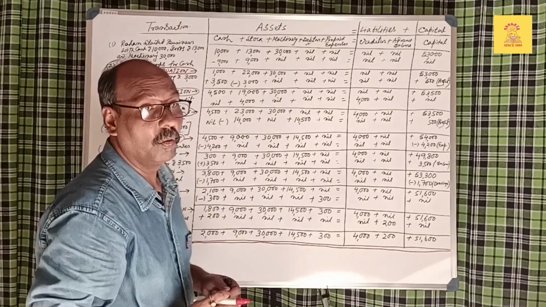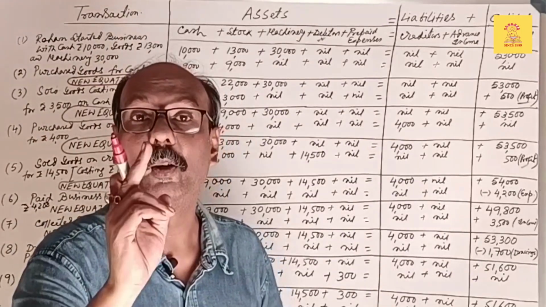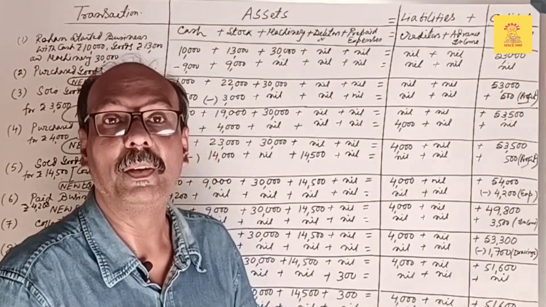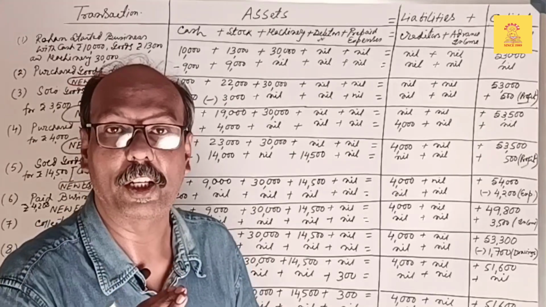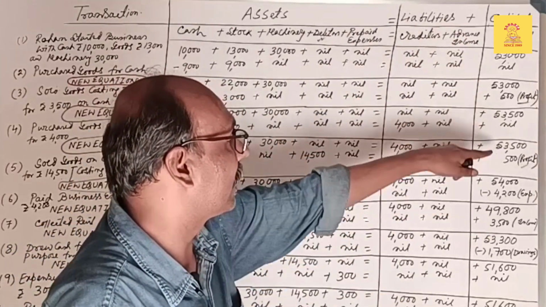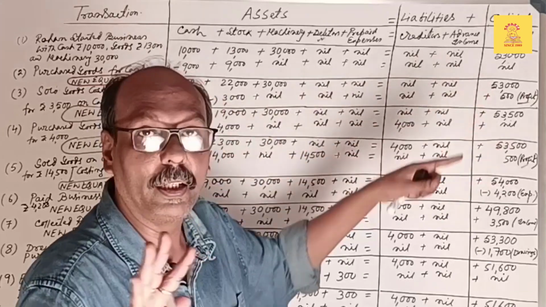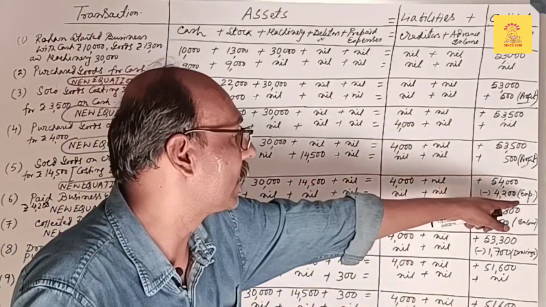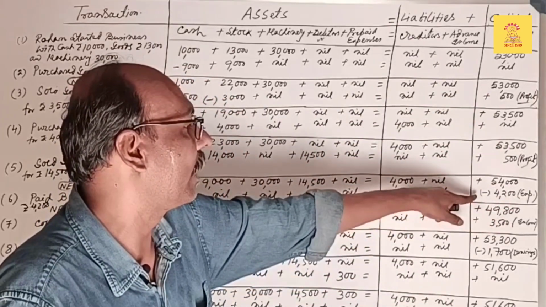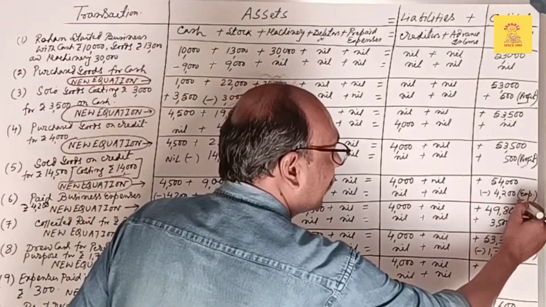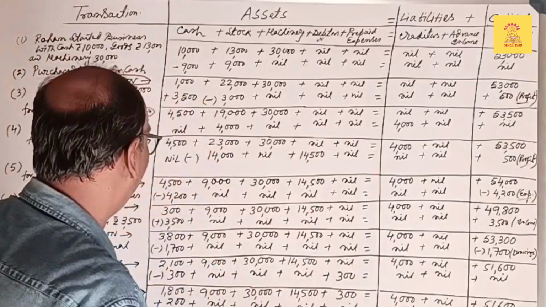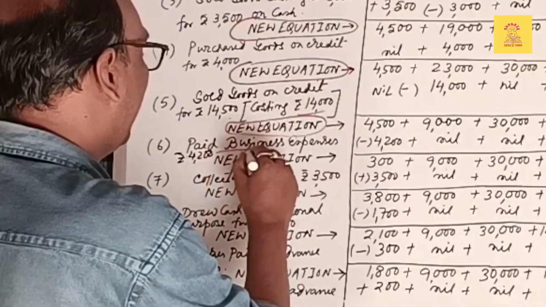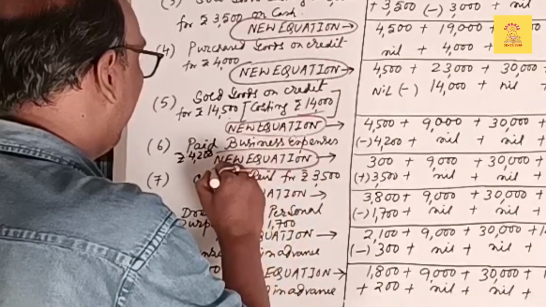And as I said, whenever there are expenses, they reduce your proprietorship. Your proprietorship or ownership means capital. It reflects capital, like profit or income. So any expenses will be subtracted from capital. I have subtracted 4,200 from capital. So we'll get again a new equation.